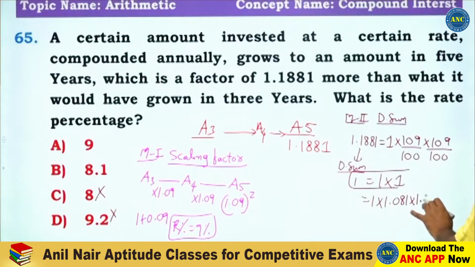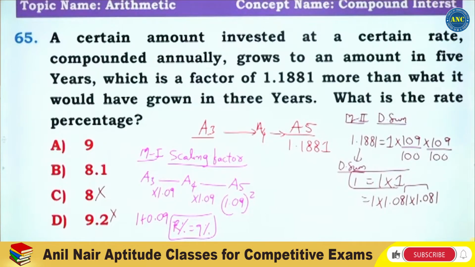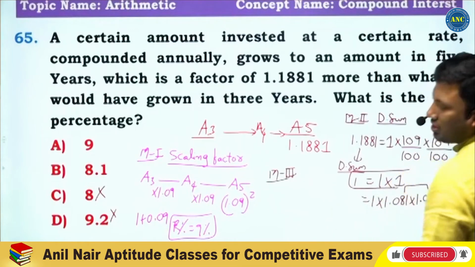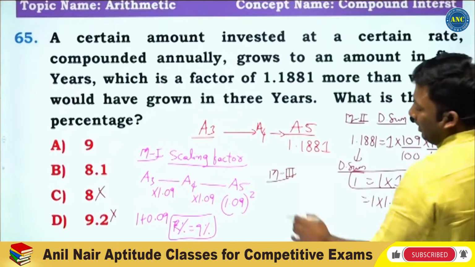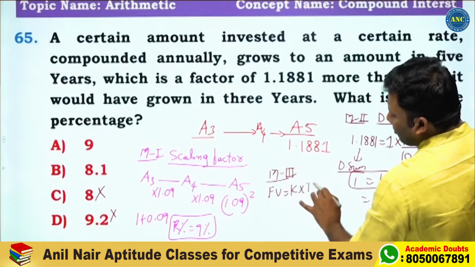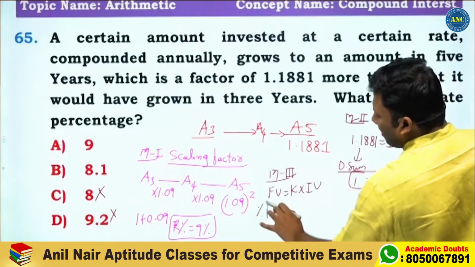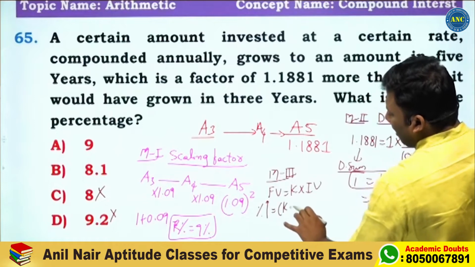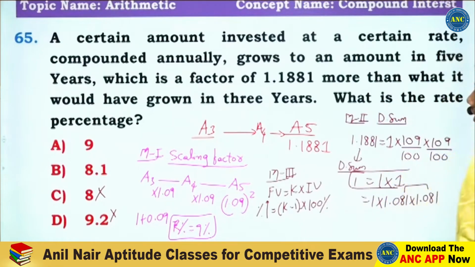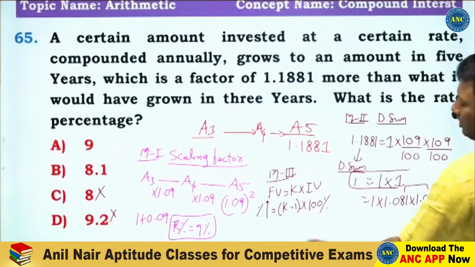1.081 into 1.081. Here you can use method 3, successive change, so that you will understand why option B is eliminated. Final value is k times the initial value. Percentage increase will be (k minus 1) into 100 percentage.